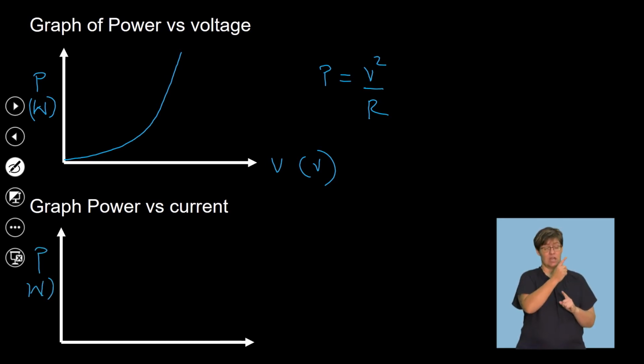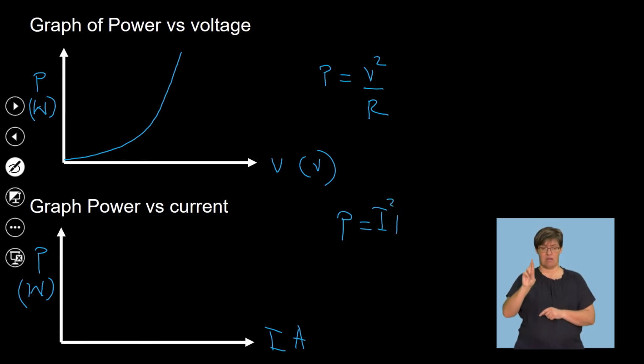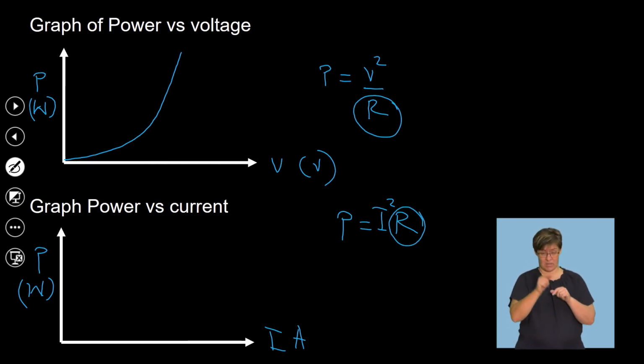Power in watts, and then current in amperes. Again, this is based on the equation P equals I squared R. Remember, the resistance was kept constant in both equations. Now, we also get that kind of a relationship between those two.